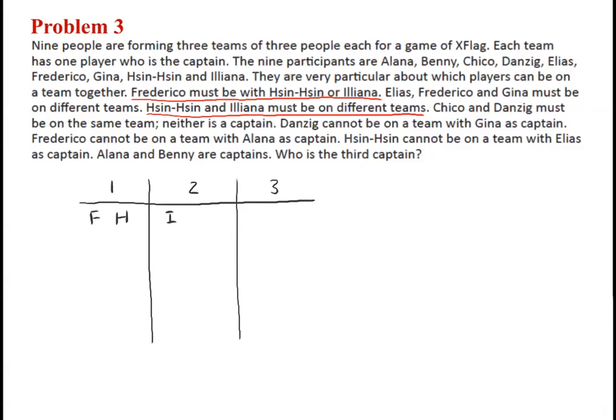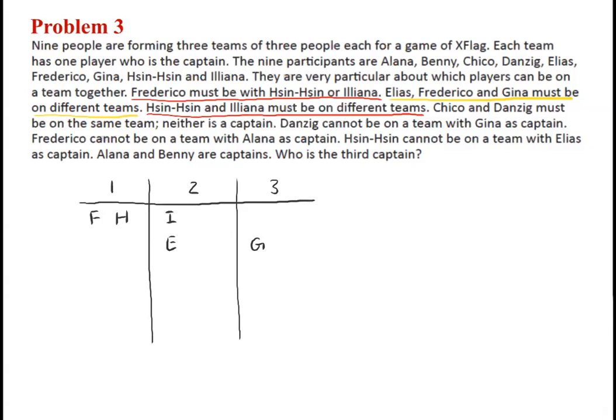The next condition says that Elias, Frederico, and Gina must be on different teams. So we already have Frederico in team 1, so let's just say that Elias is in team 2 and that Gina is in team 3.